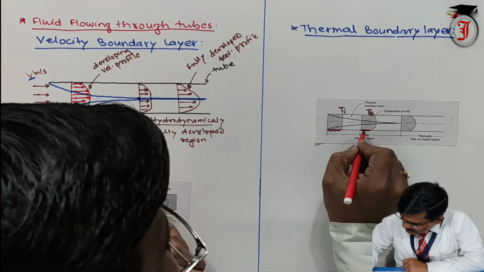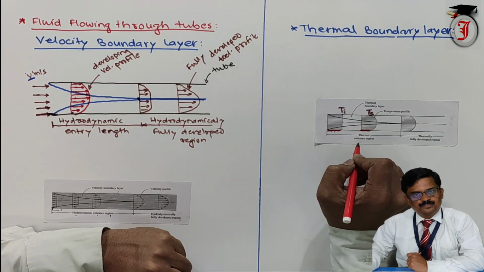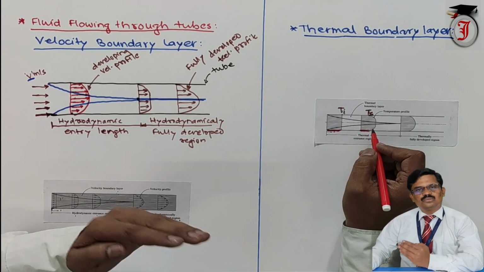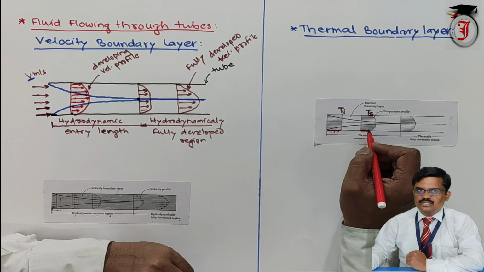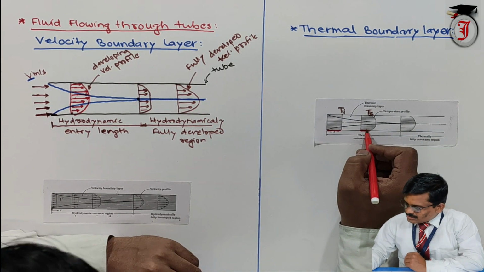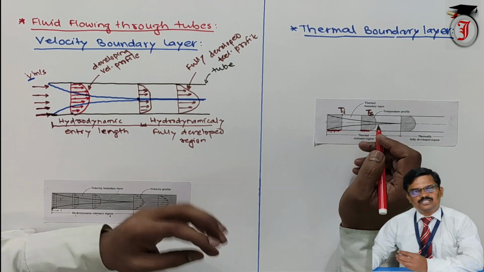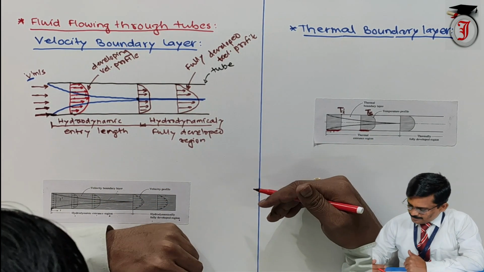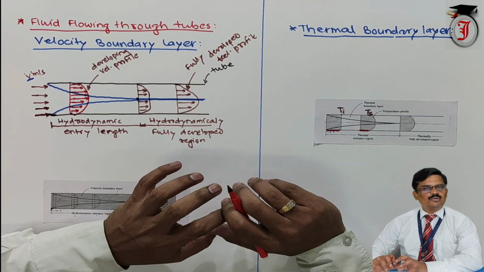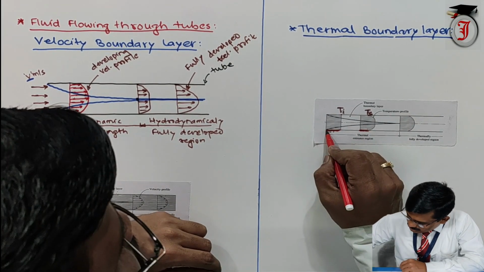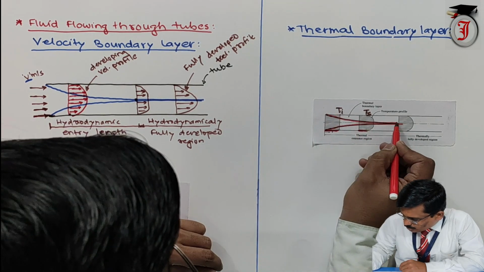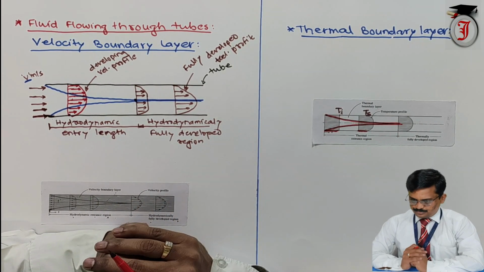Means the first layer attains the surface temperature, then the adjacent layer also changes its temperature, heat transfer takes place, and a temperature profile is developed. Due to this temperature profile, a thermal boundary layer is developed through the tube.